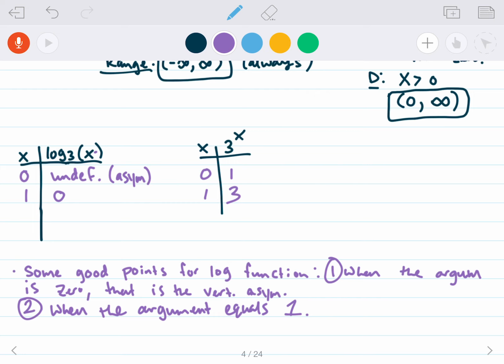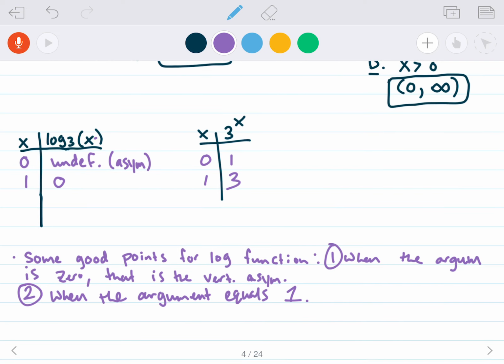So let's go ahead and just do a quick rough sketch of these graphs. Well, we have our vertical asymptote for this log, and then we have 1, 0 for the log. So it's going to look something like this. It's going to hug that vertical asymptote, and it's going to be increasing. So that is our log function right here.